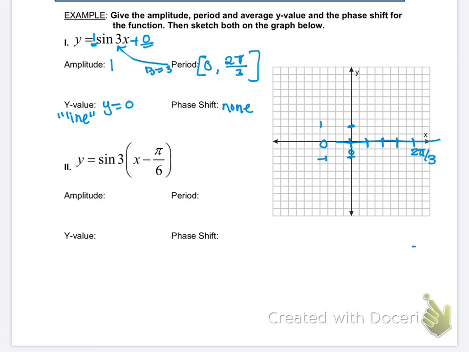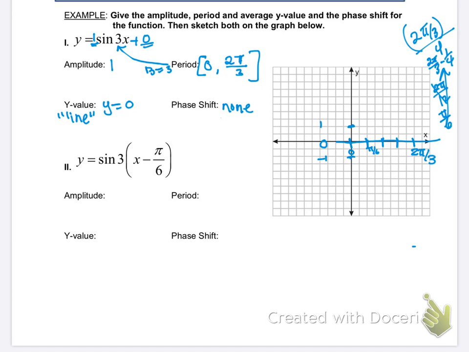And remember, this was the hard part, to try and figure out what are my tick marks. So I have to come up here. I'm going to do 2 pi over 3 divided by 4, which is really just like saying 2 pi over 3 times 1/4, which is really 2 pi over 12, which is really just pi over 6. So a lot of work just for me to tell you that this first one here is pi over 6.